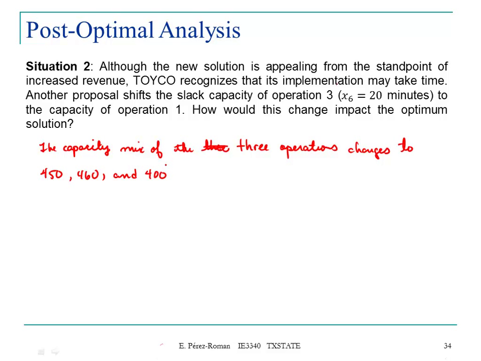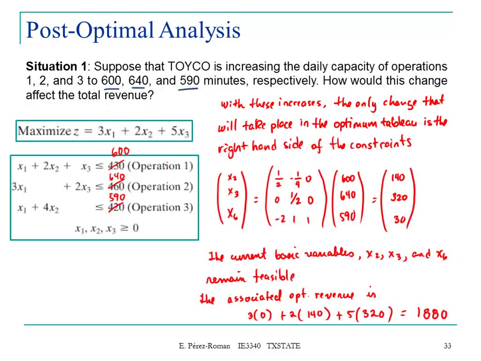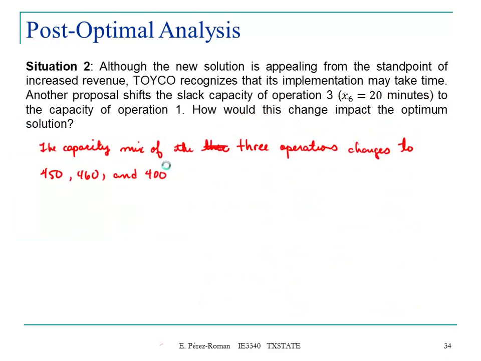So you're moving 20 units from operation 3, so it used to be 420, you're taking 20 units and you're putting those 20 units here in the first operation. So that's why this becomes 400 and this becomes 450.